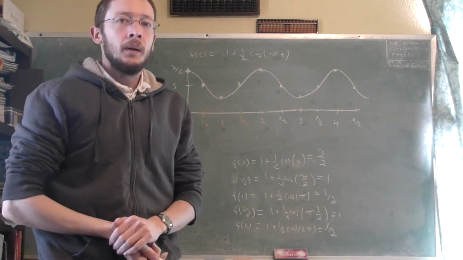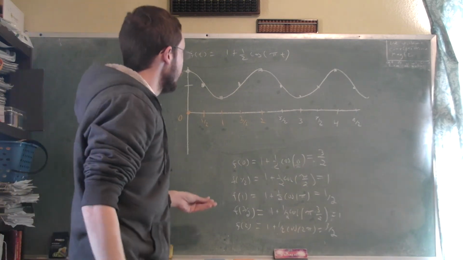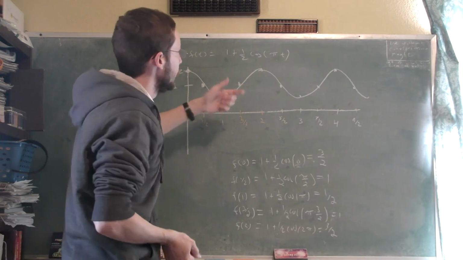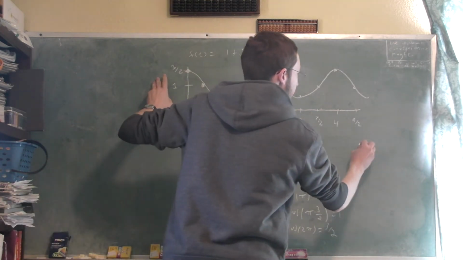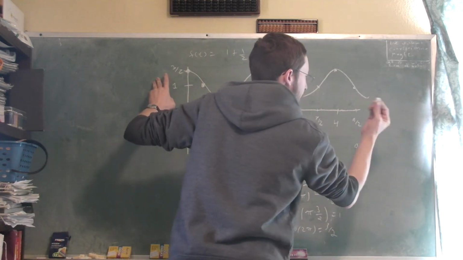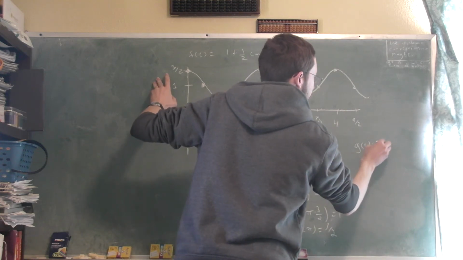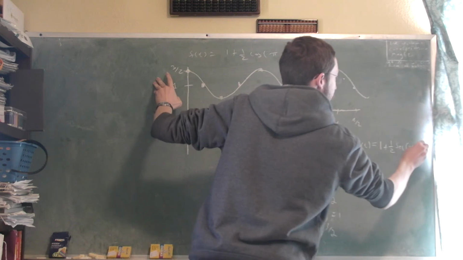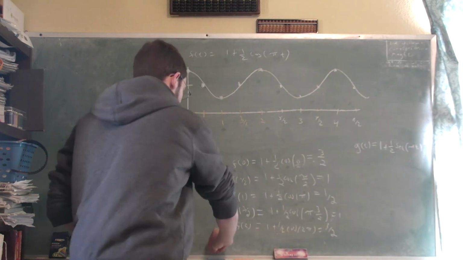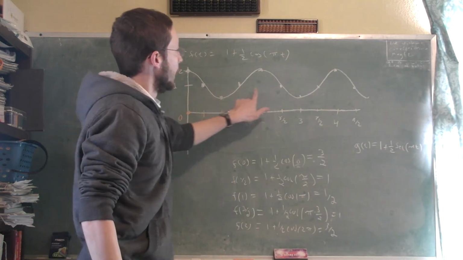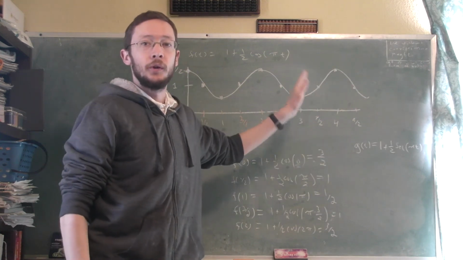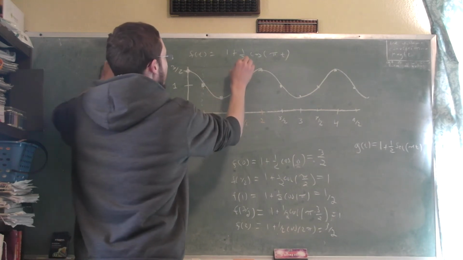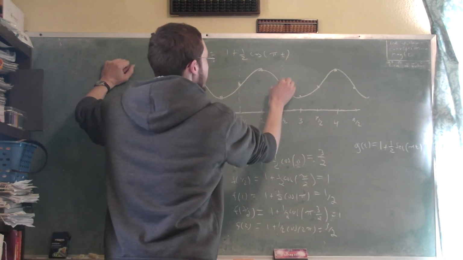Okay. To plot the corresponding secant function, all you do is you just replace cosine with secant. So literally the same function, we'll call it g, but a secant function instead of a cosine. So 1 plus 1/2 secant pi t. And now all we do, every midpoint on this graph, we'll just draw a vertical asymptote. So midpoint, midpoint, midpoint.